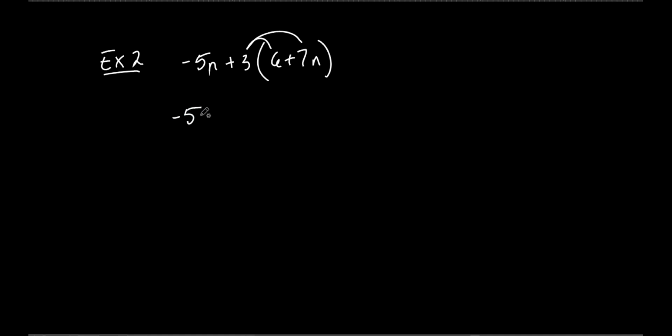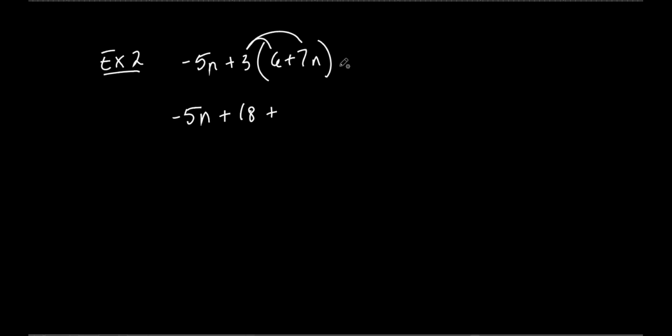Plus 3 times 6, 18. And then, again, this is a positive 3, isn't it? And that's a 6. So we go 3 times 6, which is 18, and a positive 3 times a positive 7. Now, how do we multiply 3 times 7n?